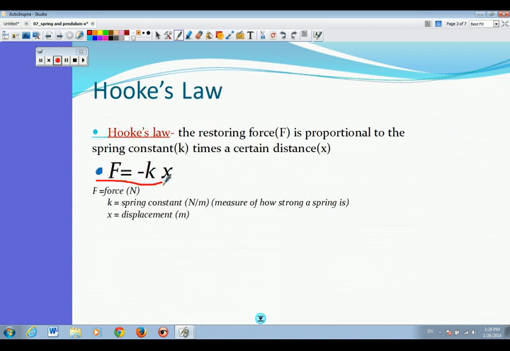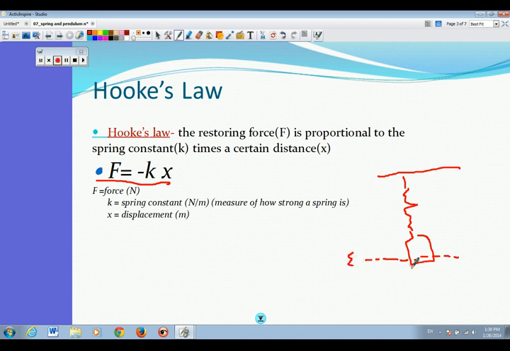Mathematically, you look at this with something called Hooke's law, which is talking about the relationship of the restoring force to a spring constant and a distance. That's the distance from equilibrium, the displacement. So if we had our other spring that I just drew, there's my spring and here's the weight coming off of it. Your equilibrium is at rest.